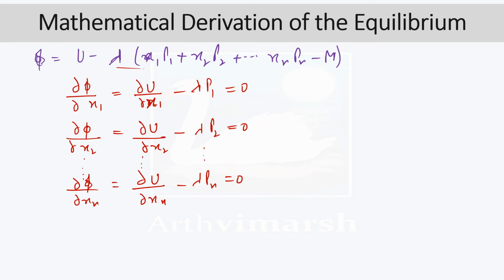Now if you recall, we were differentiating with respect to the quantities, and we also have to differentiate with respect to lambda. So that was with respect to the quantities.